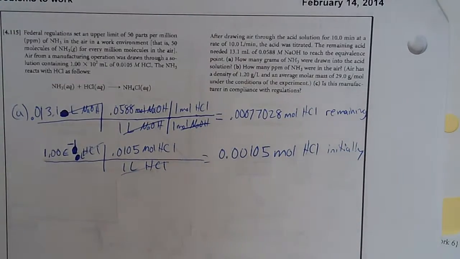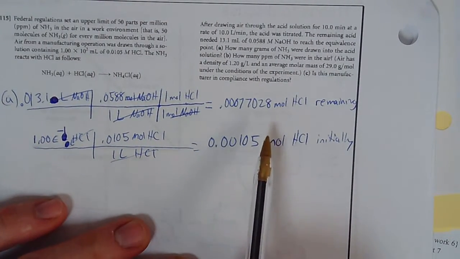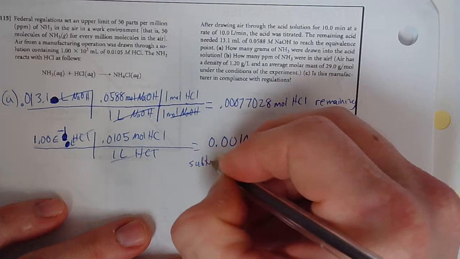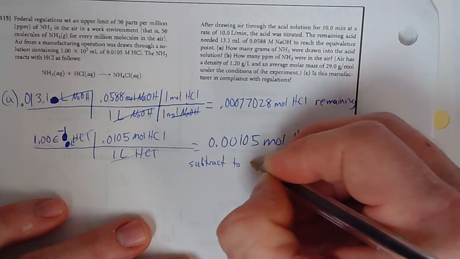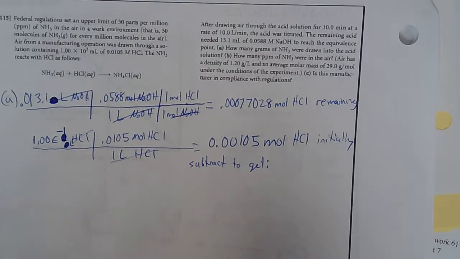So there you go. Now, what should I do with these to figure out how much HCl reacted with the ammonia? Subtract. So I'm just going to write a little note of what I did there. I'm not going to copy all those numbers again.